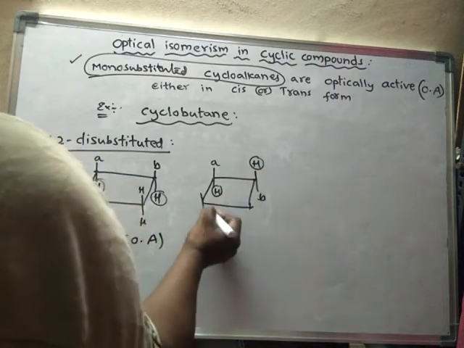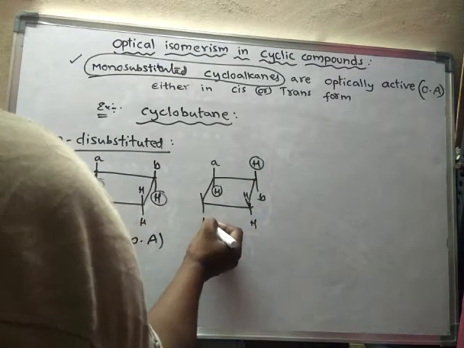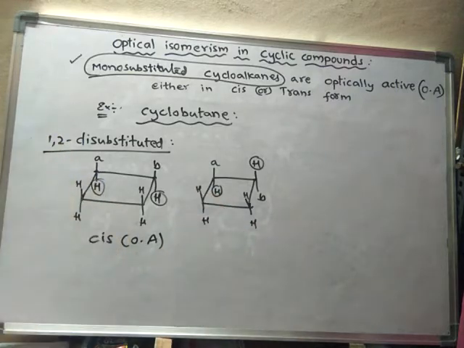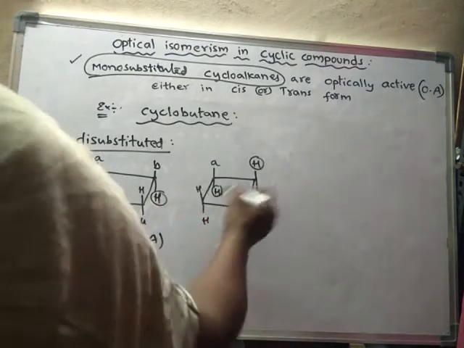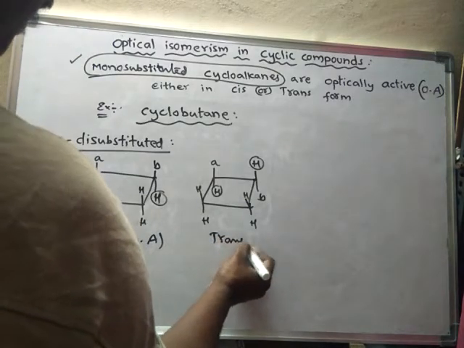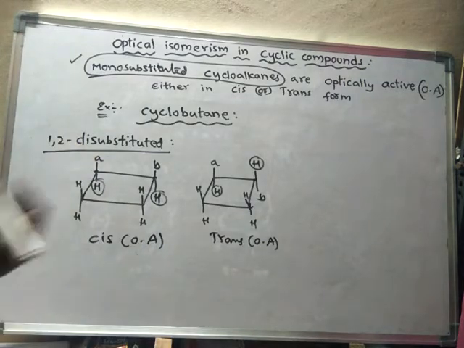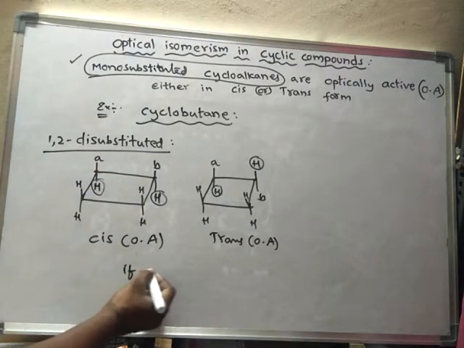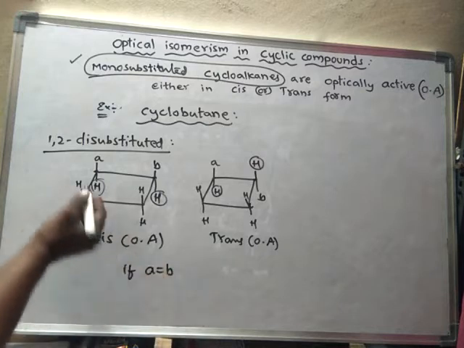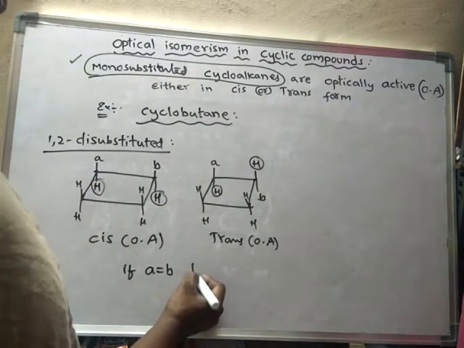These two hydrogens, if I consider, so here in the trans isomer, even the trans isomer is also optically active. Suppose if A is equal to B, then again two conditions.